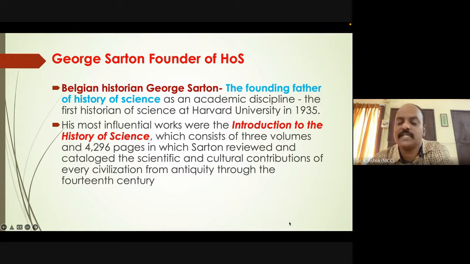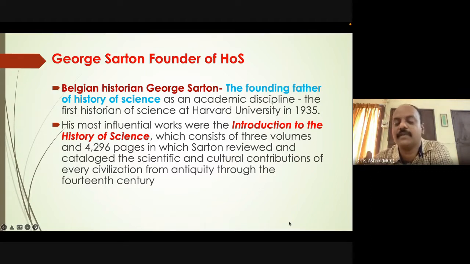George Sarton wrote a good number of works. One of his most influential works was the Introduction to the History of Science, which consists of 3 volumes. These 3 volumes put together run to 4,296 pages.